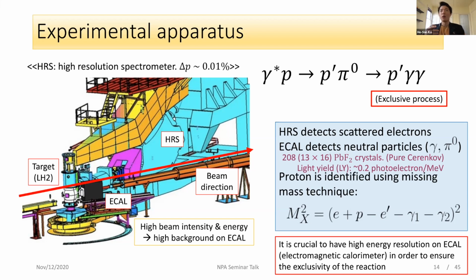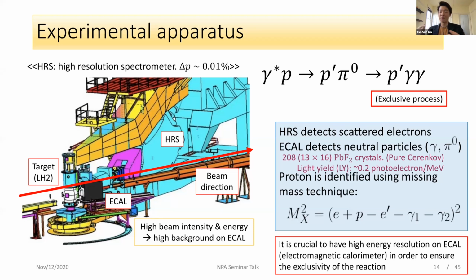And in one of the very first experiments at Jefferson Lab for this kind of exclusive DVMP and DVCS, we also had this proton detector made of plastic scintillator.